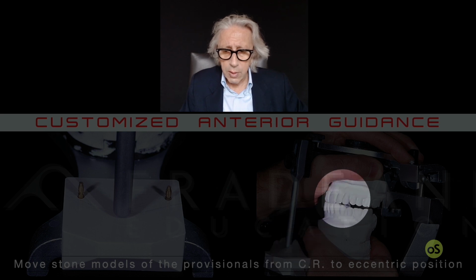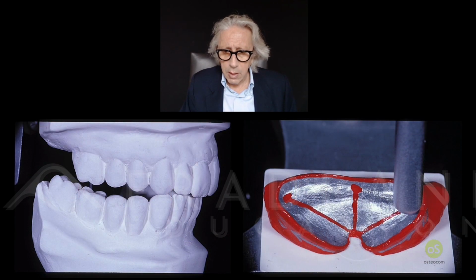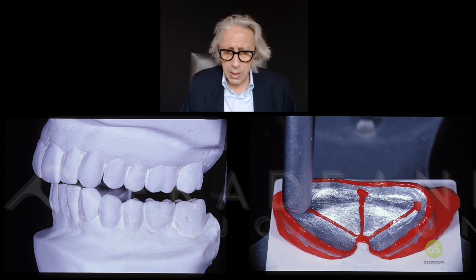You move from CR to all the eccentric movements with the two stone models, and once everything is finalized, you can start to use the light cure, moving the pin right, left, and in front. So you mimic all these movements that the patient had in the mouth with the mock-up, which was working well.